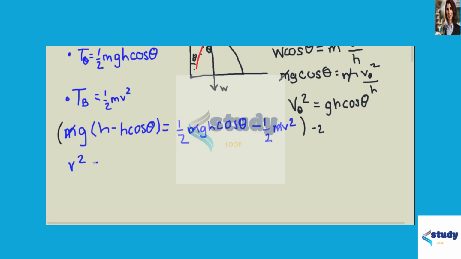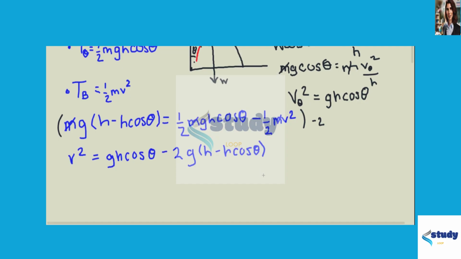So we have v squared is equal to g h cosine theta, that was this, minus 2g h minus h cosine theta. That was subtracting this to the other side.